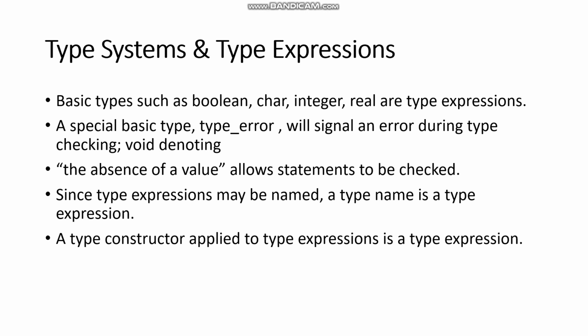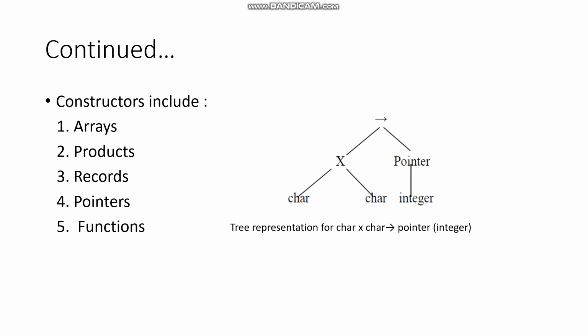Now, next are type expressions. The type of a language construct will be denoted by a type expression. A type expression is either a basic type or is formed by applying an operator called a type constructor to other type expressions. The set of basic types and constructs depends upon the language being checked. Let us see some type constructs here, out of which the first is what?